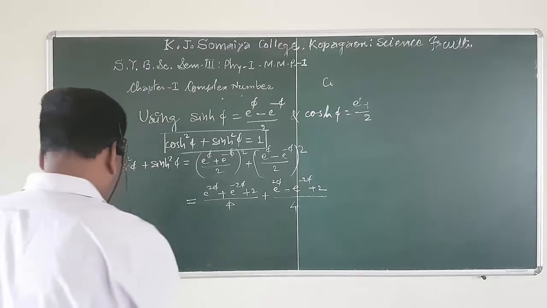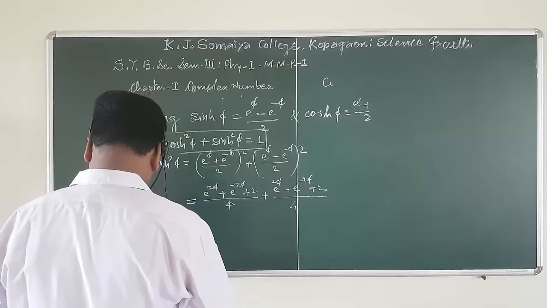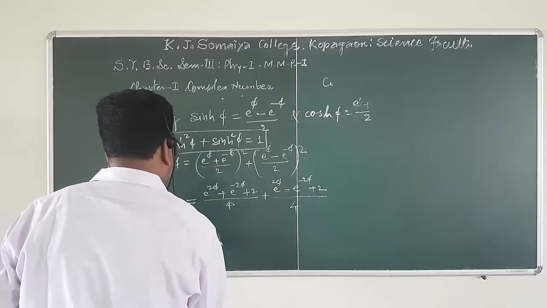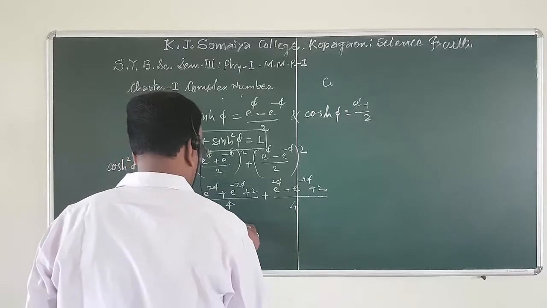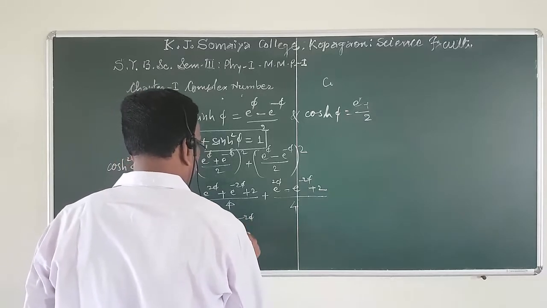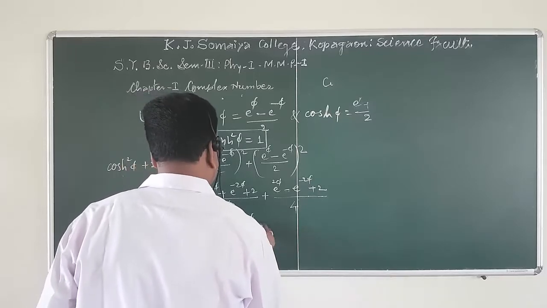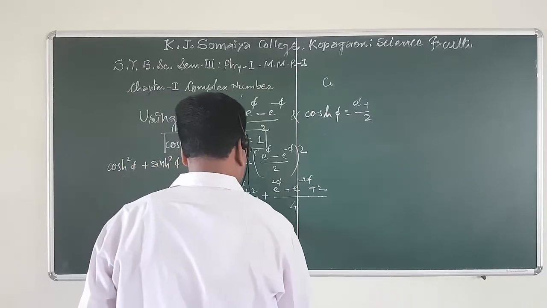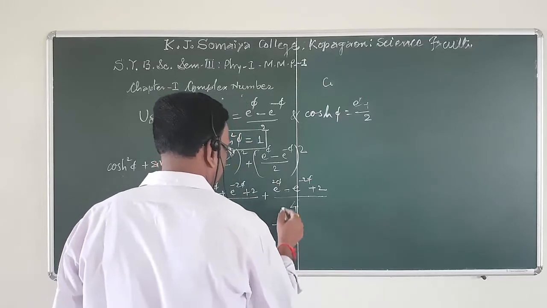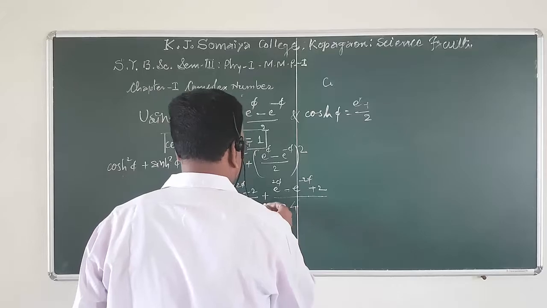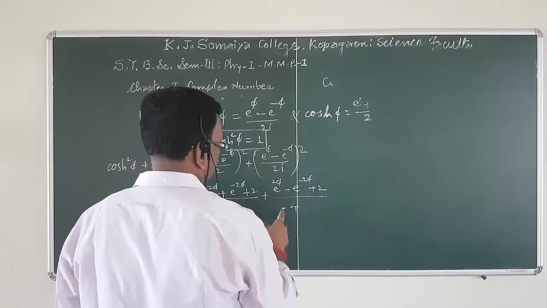Make the arrangement here. First arrangement is like this, e^(2 phi) plus e^(-2 phi) plus 2, minus 4. I think this is okay.